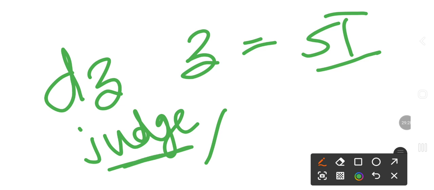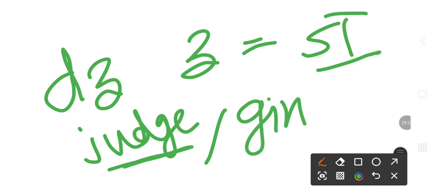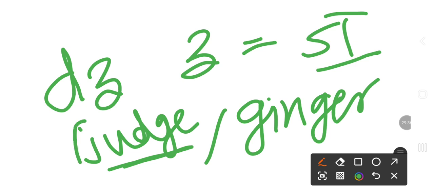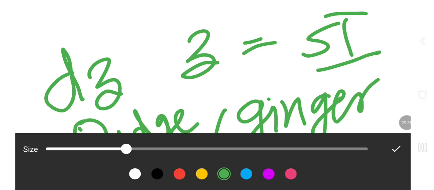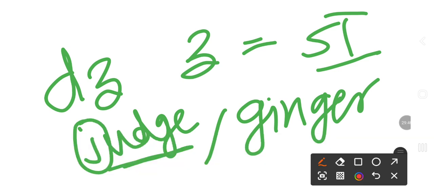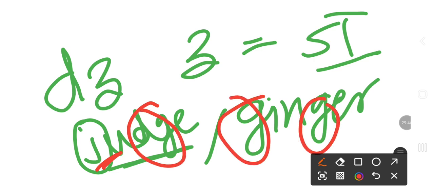And why? Because the confusion is between judge and ginger. Here j is pronounced as j, and in ginger the g is pronounced the same. Lot of confusion. So they have given distinct sound symbols for distinct sounds.